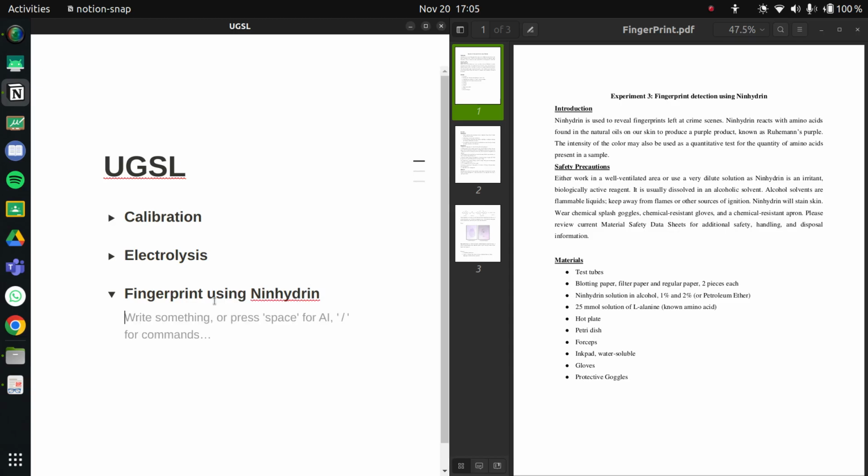Sure. So ninhydrin is used to reveal fingerprint left at a crime scene. Actually, you know what? I'm just gonna put it after this. So ninhydrin is used for fingerprint detection.